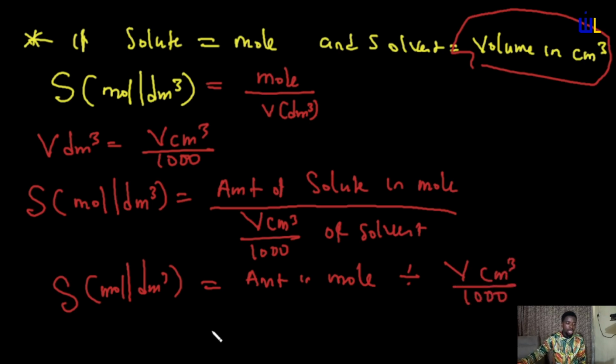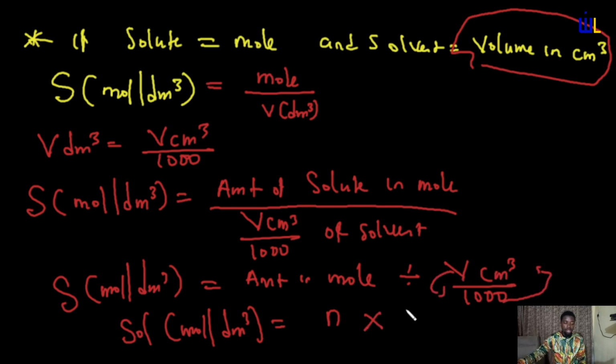Automatically, solubility in mole per dm³ would now be equals, amount in mole is represented by n, so let's use that n. Instead of division, you write multiplication, then take this up and bring this down, times 1000 all over volume in cm³. So you have that.